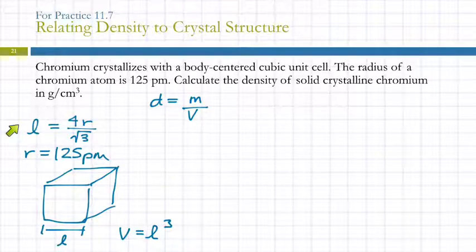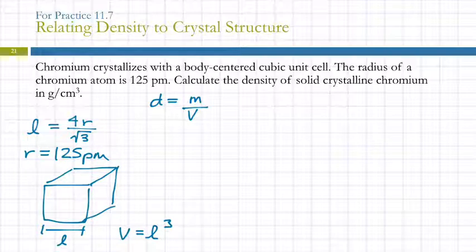So we can calculate the volume using this equation and the known radius. How do we know the mass of that? We know the molar mass of chromium, right? How many atoms are in this body-centered cubic unit cell? Body-centered, 2, right?